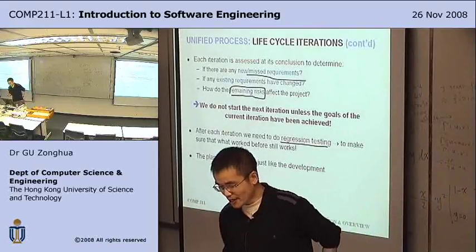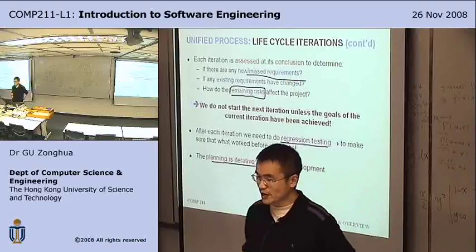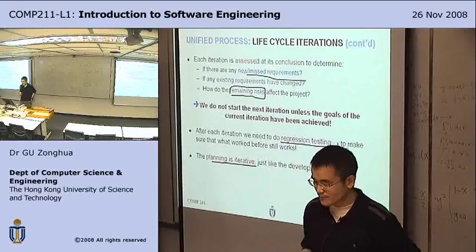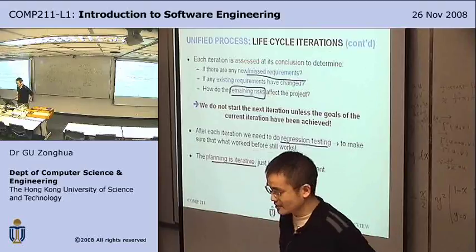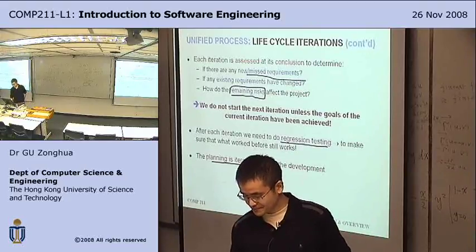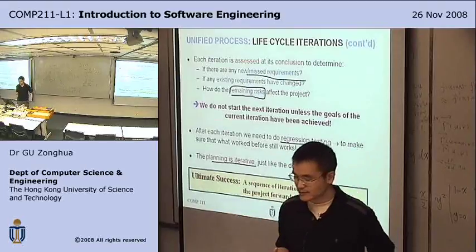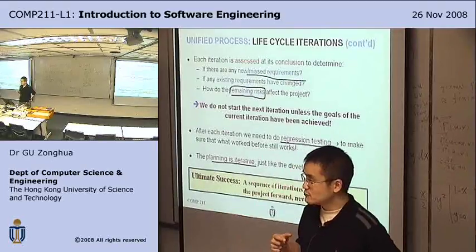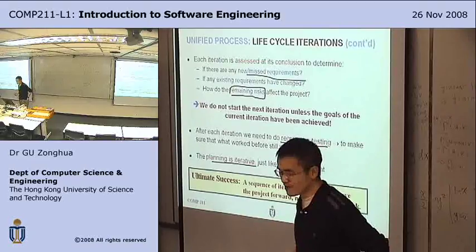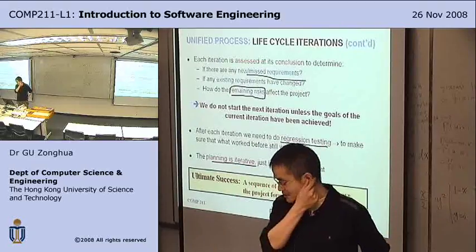So it's not realistic to do a plan at the beginning and stick to the plan. You need to modify the plan along the way. It's iterative planning based on new information. Planning is intimately tied to estimation, right? Only when you can estimate how long it takes can you plan for it. And estimation is notoriously difficult.